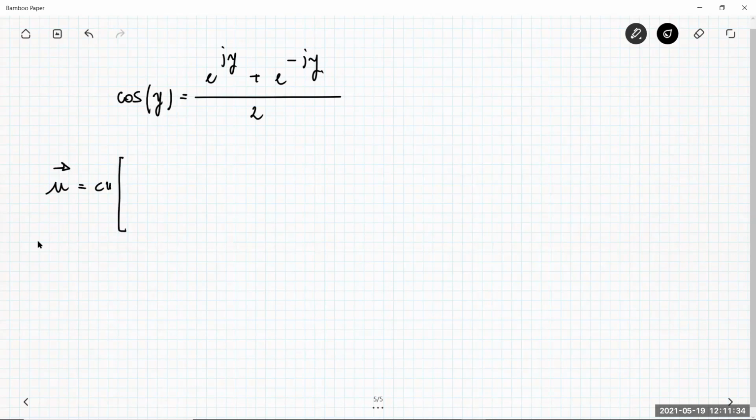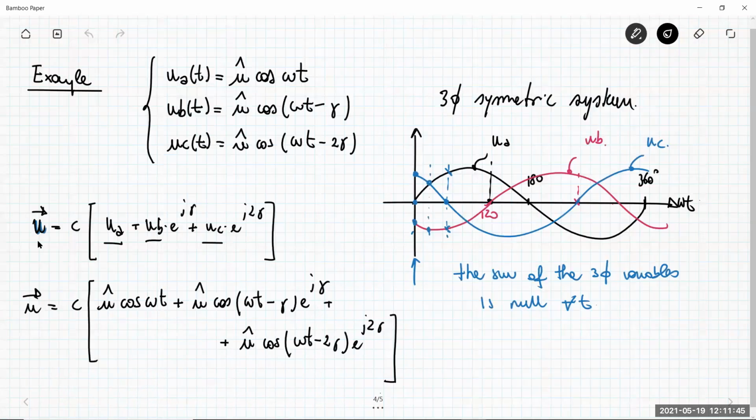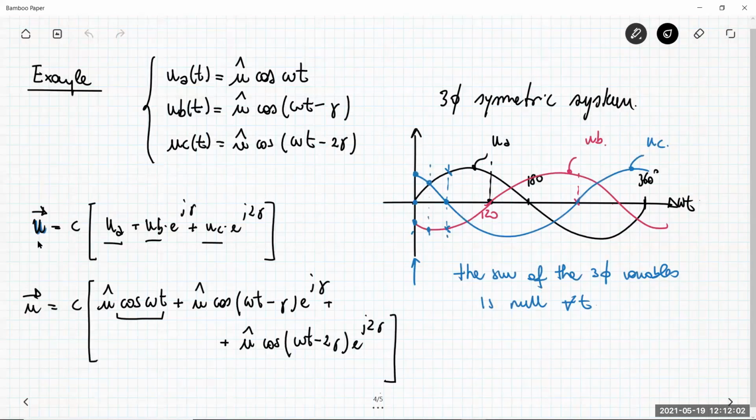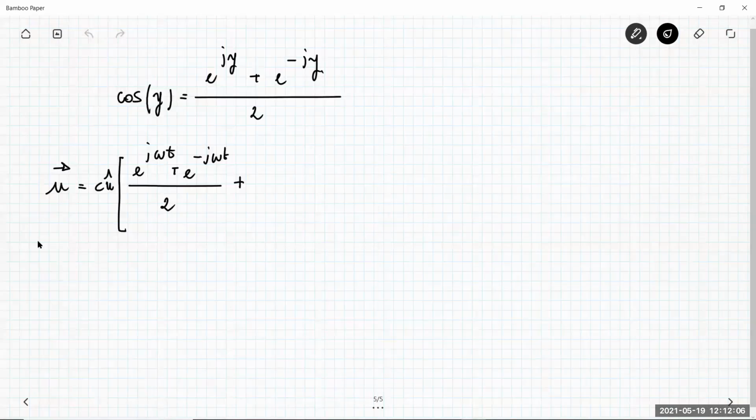I can put outside also the peak value, which is always the same. The first term is cosine omega t, so this is one half e^j omega t plus e^minus j omega t. Then you have the second, which is cosine omega t minus gamma, and then you have the exponential.